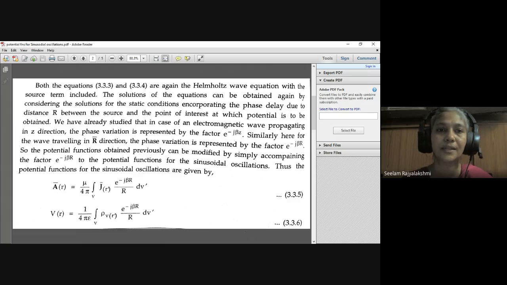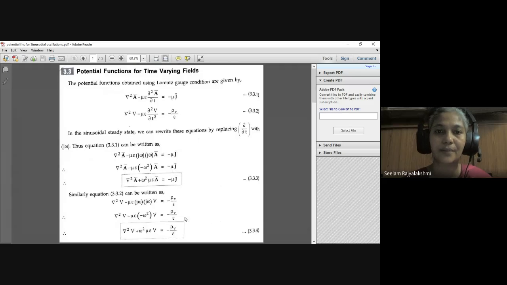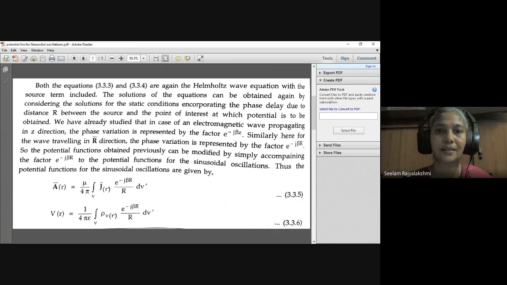If you consider equations 3 and 4, which we have obtained after replacing del by del t with j omega, these two equations are again the Helmholtz wave equation with the source term included.